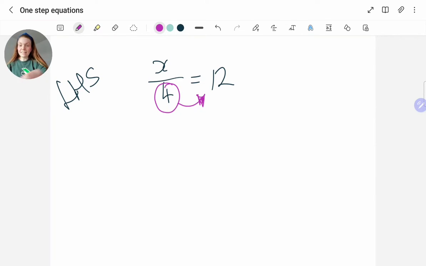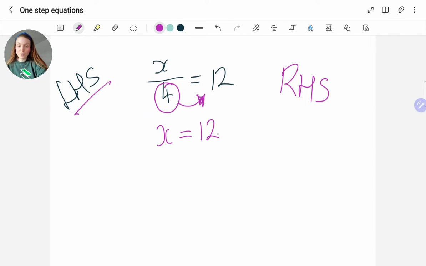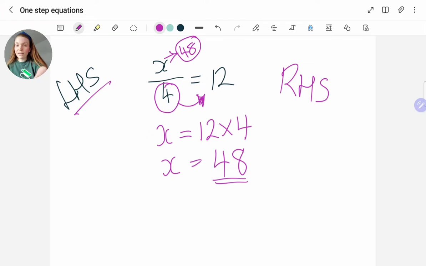So on the left-hand side, we are dividing by 4, which means on the right-hand side, we are going to be multiplying by 4. So x equals 12 times 4, so x equals 48, which makes sense because if x is 48, 48 divided by 4, we know is 12.